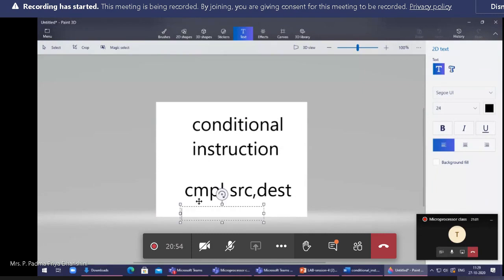The meaning of this compare instruction is this: the source value is subtracted from the destination.